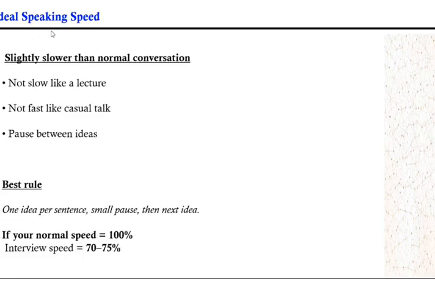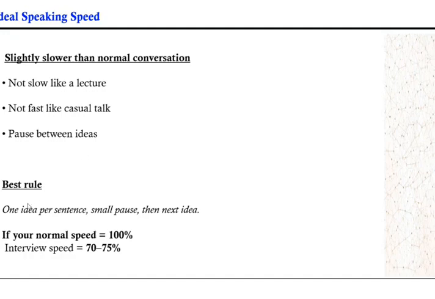Your ideal speaking speed: what should be your word limit? Slightly slower than normal conversation. Not slow like a lecture, not fast like casual talk. And you have to pause between ideas.